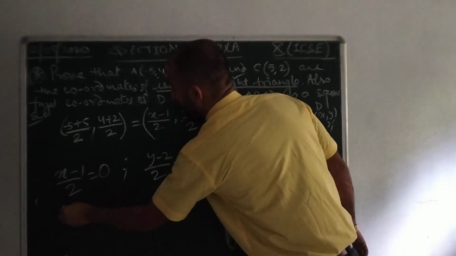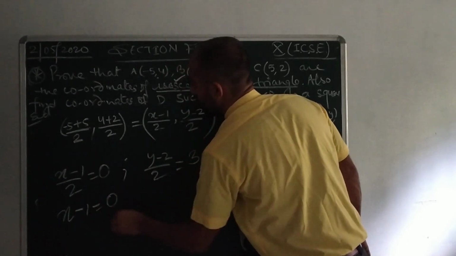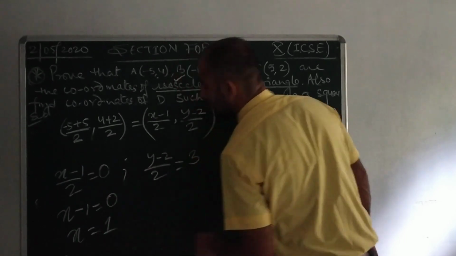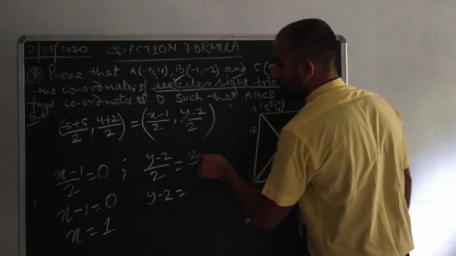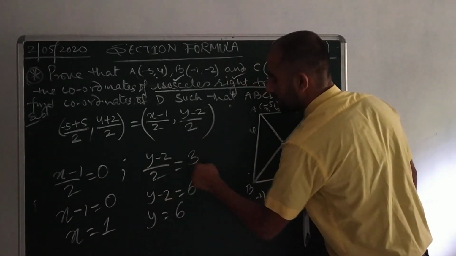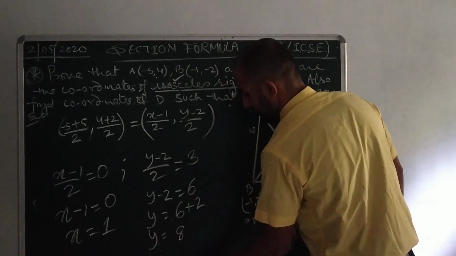So x minus 1 equals 0, that gives x equals 1. Y minus 2 equals 2 threes are 6, so y equals 6 plus 2, that is y equals 8.